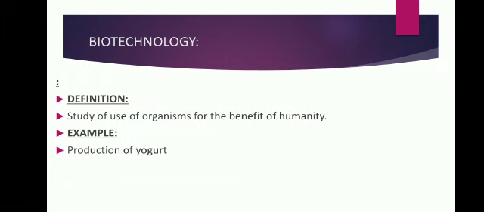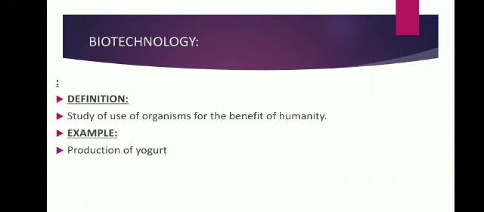The next branch is biotechnology. The word bio means life and technology means practical application of scientific knowledge. So this branch deals with the use of microorganisms for the welfare and benefit of humanity. For example, production of yogurt.